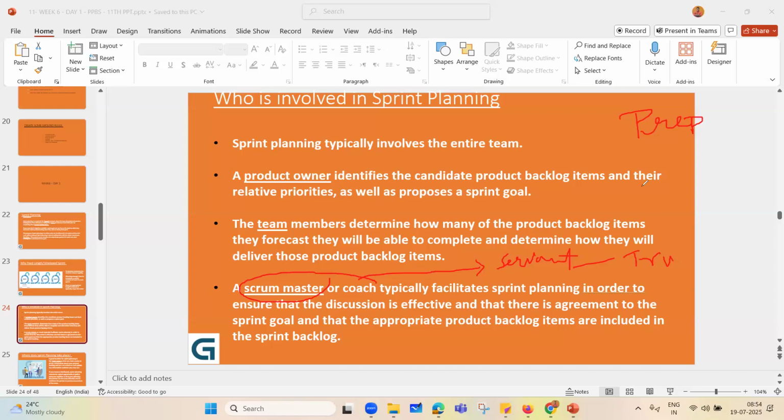Links have been shared with everyone. This pre-preparatory part is taken care of by the Scrum Master. They ask the relevant team to arrange such items if they cannot do that themselves, stationery and all. They will ensure that the admin department helps them arrange all these items. That's number one.